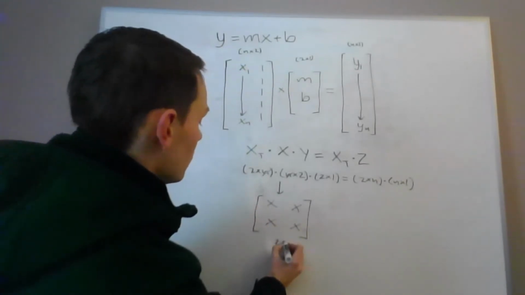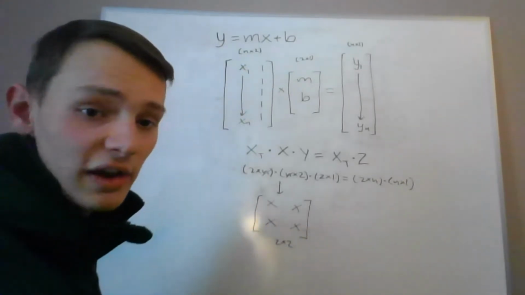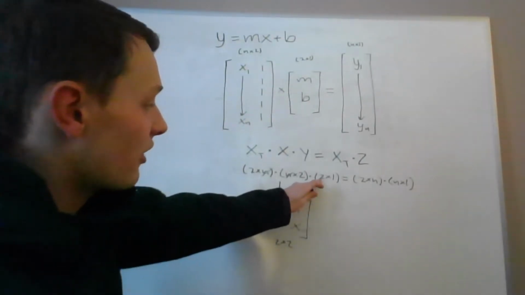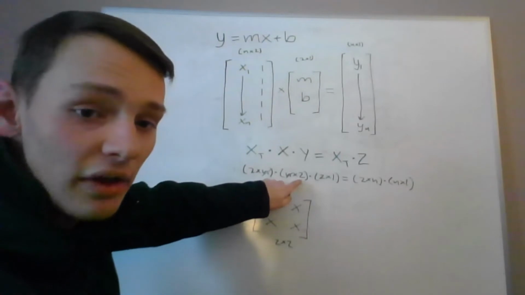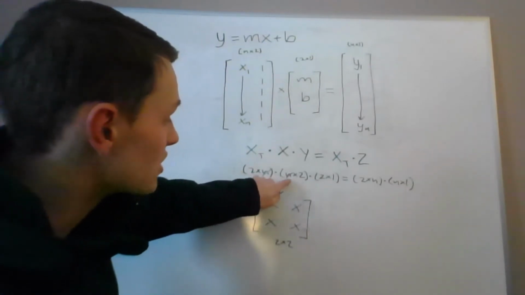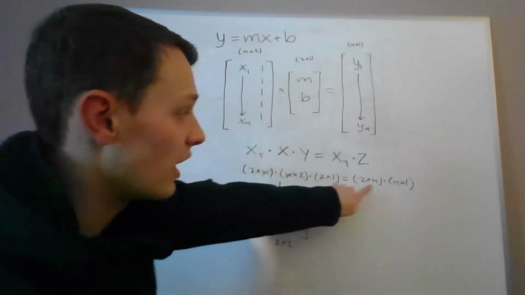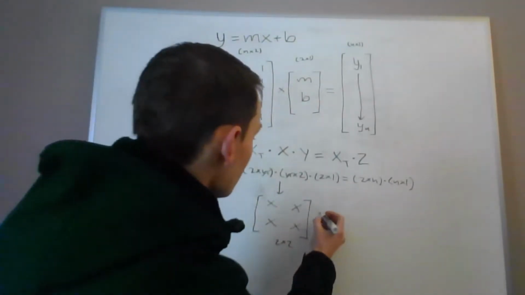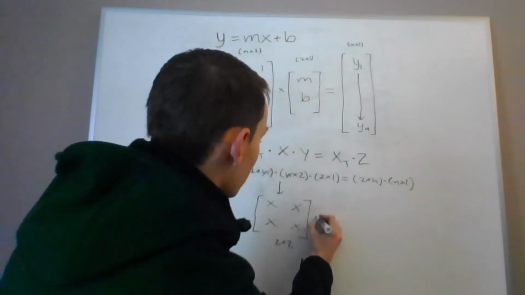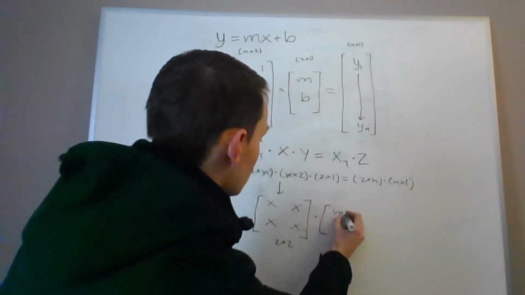So this is a 2 by 2 matrix there. Then we have our vector of unknown coefficients. Notice that the multiplication is still valid. The inner dimensions of these matrices being multiplied all match. Okay, so we would have our vector of unknown coefficients, m and b.